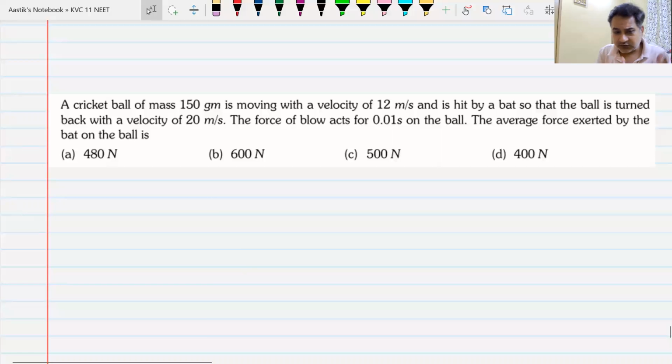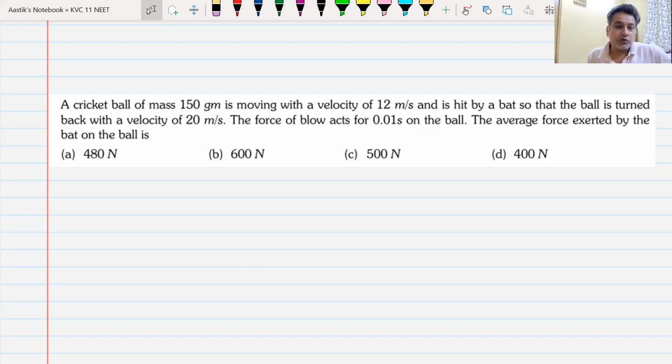Because you are going to be doctors or you are going to treat patients who are going to get hit. So this is a cricketer who has been hit. A cricket ball of mass 150 grams, moving with a velocity of 12 meters per second, is hit by a bat. So the ball is turned back with a velocity of 20 meters per second.